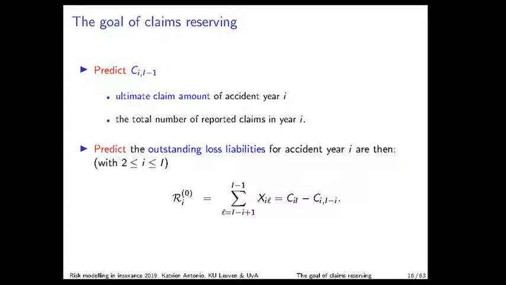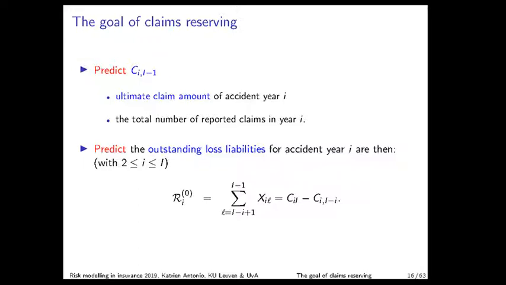We use the notation calligraphic R with subscript i to refer to the reserve with respect to occurrence year i. The superscript 0 indicates that predictions are made at the present moment, so right now. In our case, that is at the end of occurrence year capital I, the most recent calendar year during which data are observed and registered. So that's important to keep in mind.